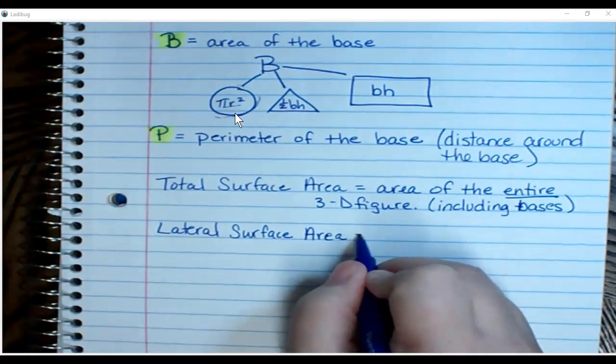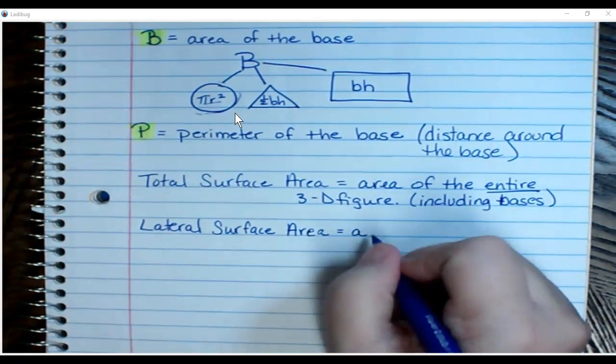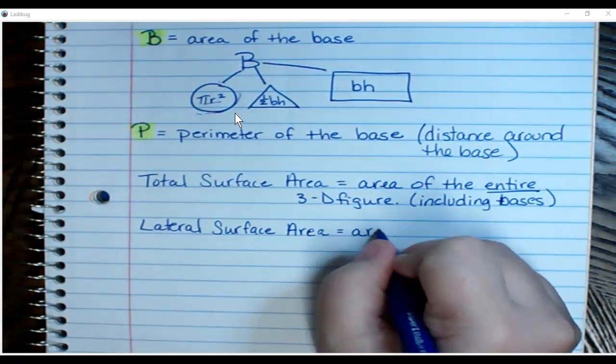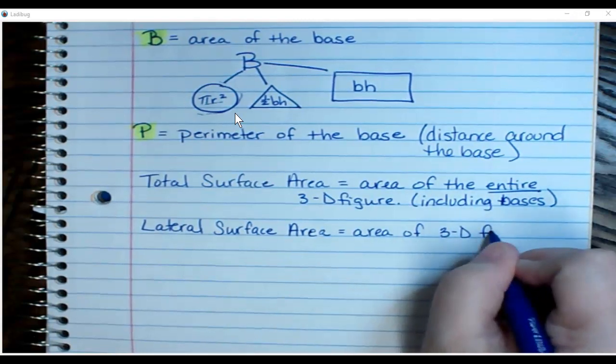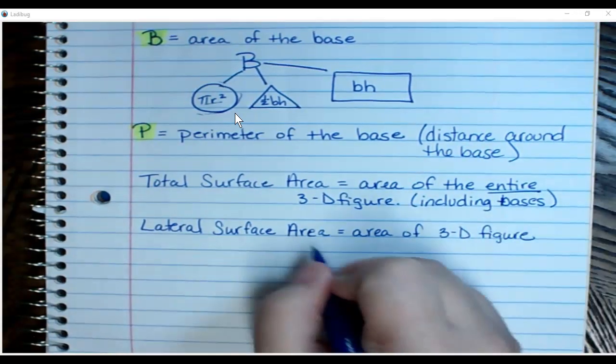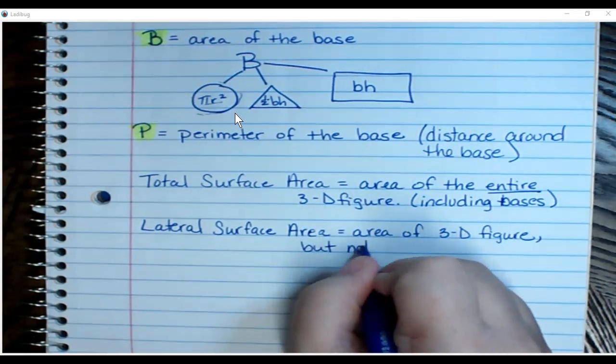And lateral surface area is the area of the 3D figure, but not including the bases.